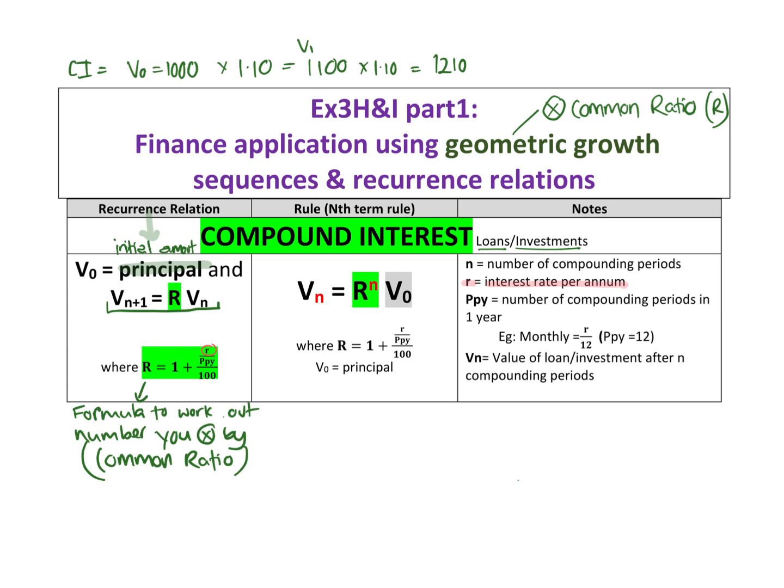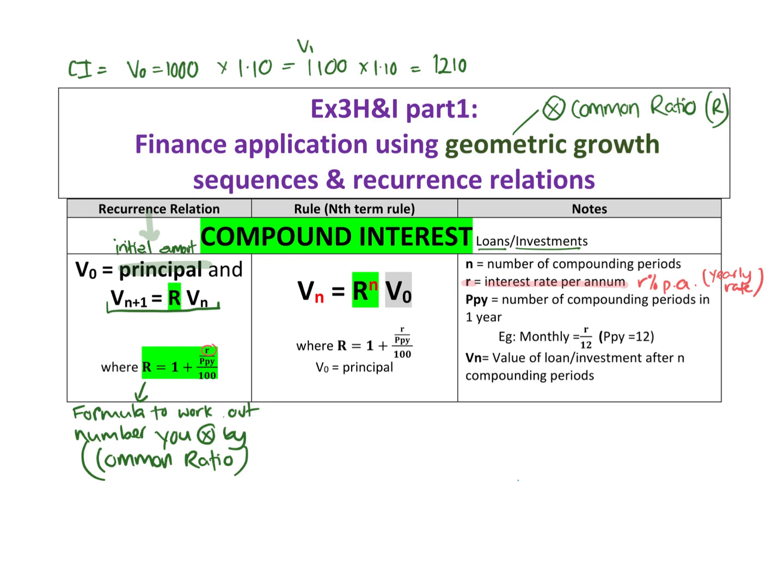Most of our finance things generally, if you watch the telly, when banks are advertising loans, they'll say the interest rate per annum. You'll see a rate, and they might write PA. Per annum means the yearly rate. Even though you're given the yearly rate, sometimes your interest is charged every month.